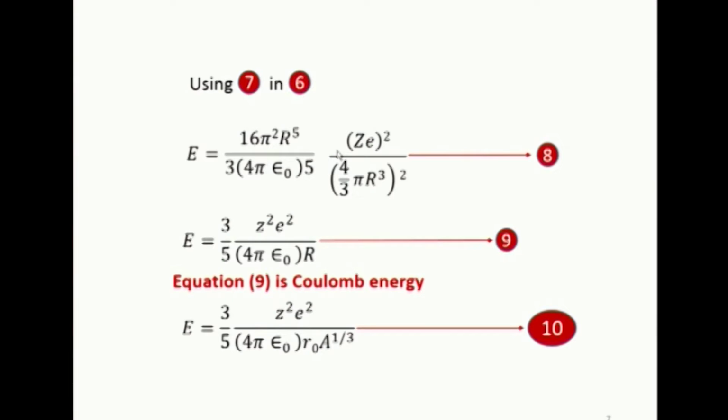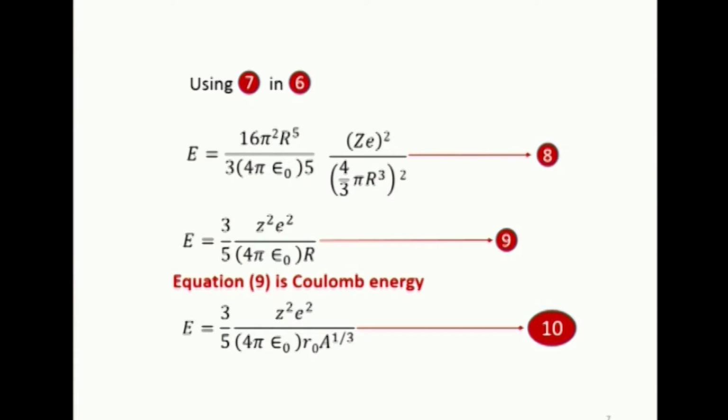Now we can simplify that, certain things will get cancelled, and finally we get 3 by 5 Z squared e squared by 4 pi epsilon 0 R. So the Coulomb energy is decided only by the atomic number Z and the nuclear radius R.